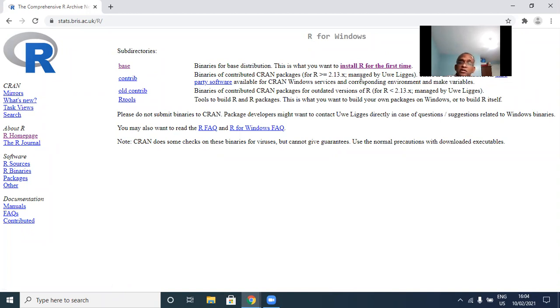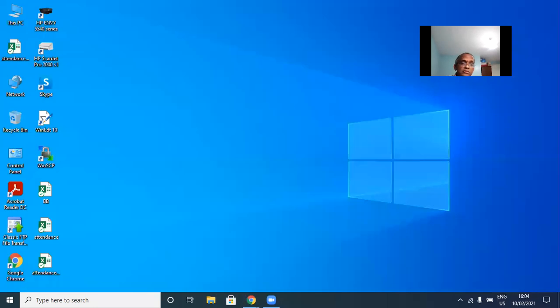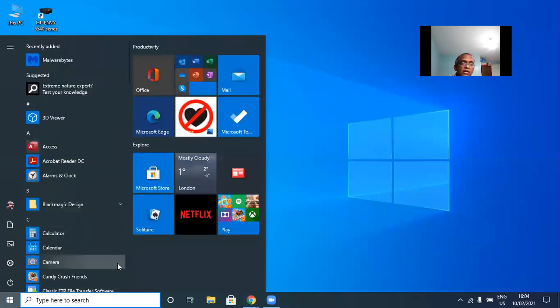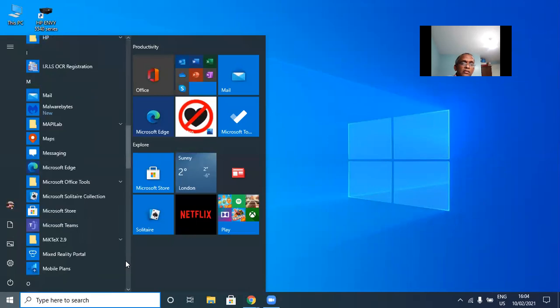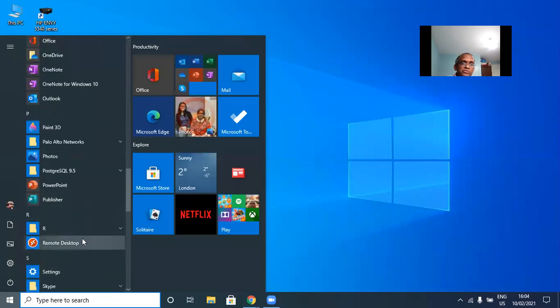So it's very, very easy to do, and you shouldn't have any difficulties installing R. Now, I'm not going to install R because I already have it on my computer, right? So I'll close this and I will go to the start button, then go down and choose R.